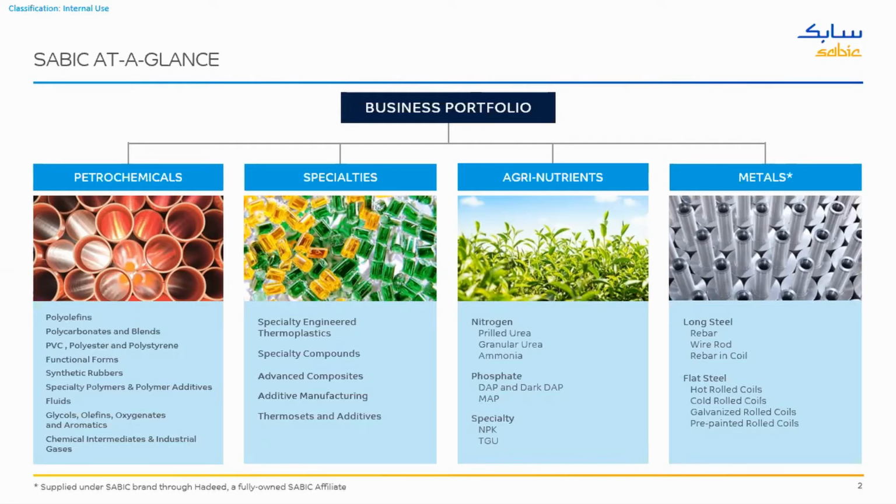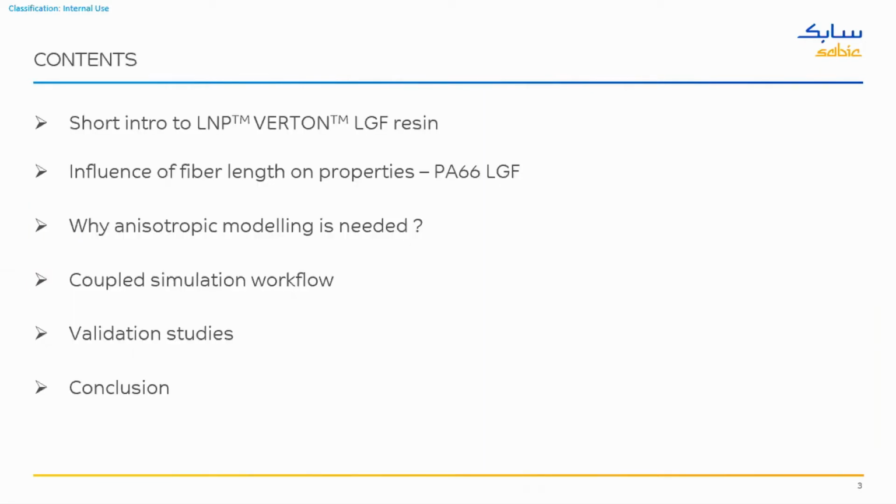Now moving to the main topic which I would like to cover today. This is the content: a short intro to our LNP VERTON portfolio, which is the long glass fiber material and the focus area of today's presentation.